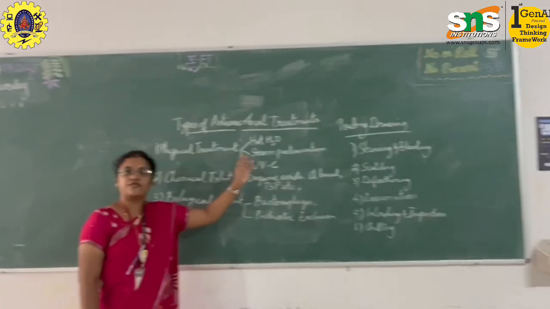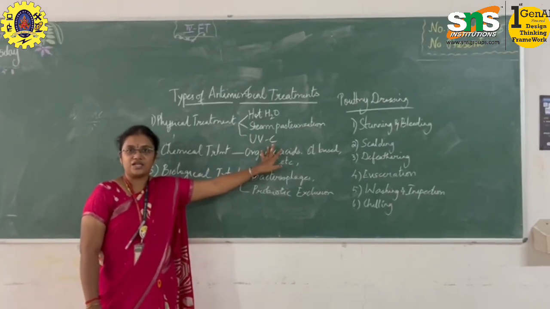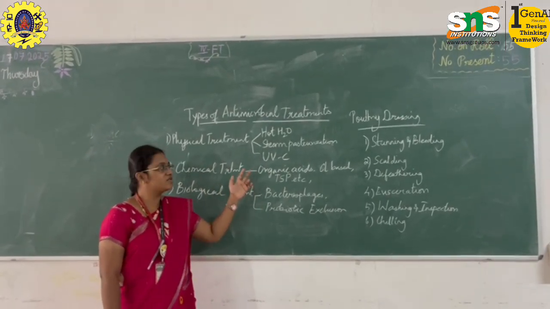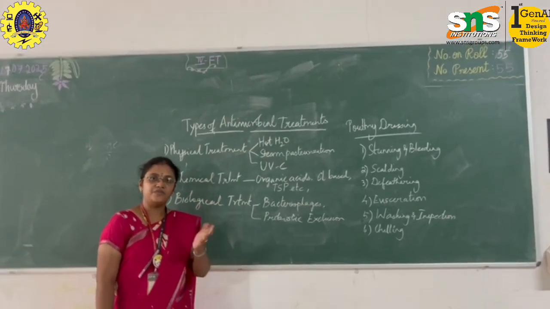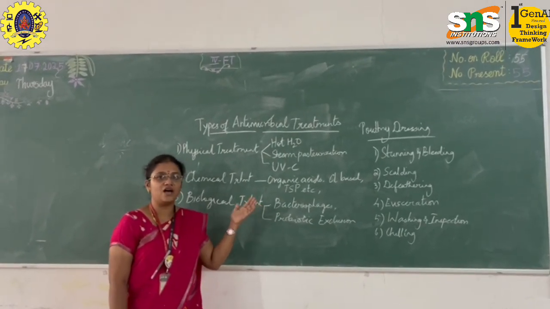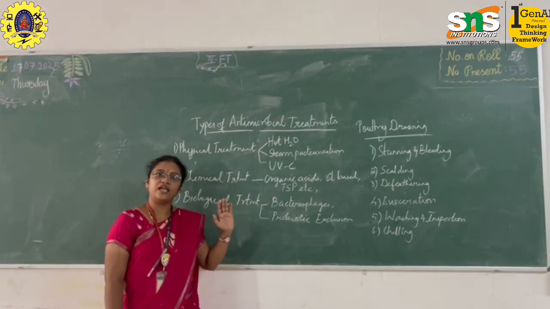Then UVC: ultraviolet rays are passed on the animal skin at the range of 254 nanometers, so that surface microbes like Salmonella, Campylobacter and Listeria get killed or inhibited.